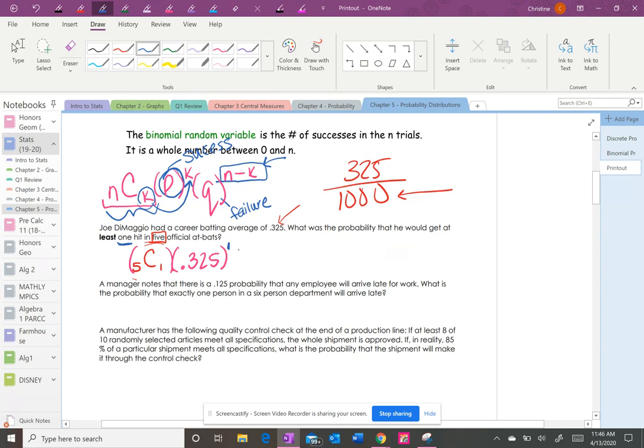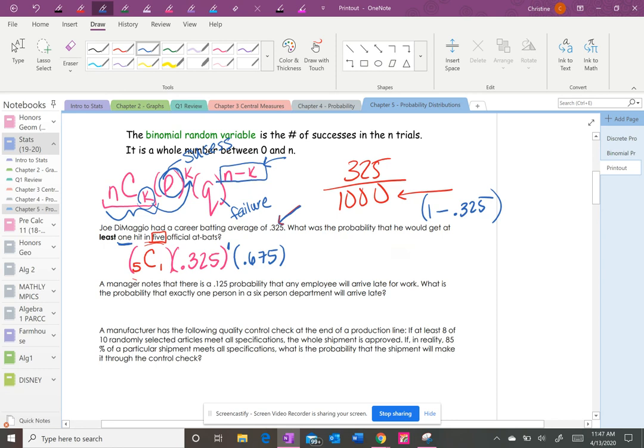Now, all your percentages or your probabilities have to total to 100% or 1. So in order to get Q, we have to do math for the first time. You're going to take 1 minus the probability of success. And you get 0.675.